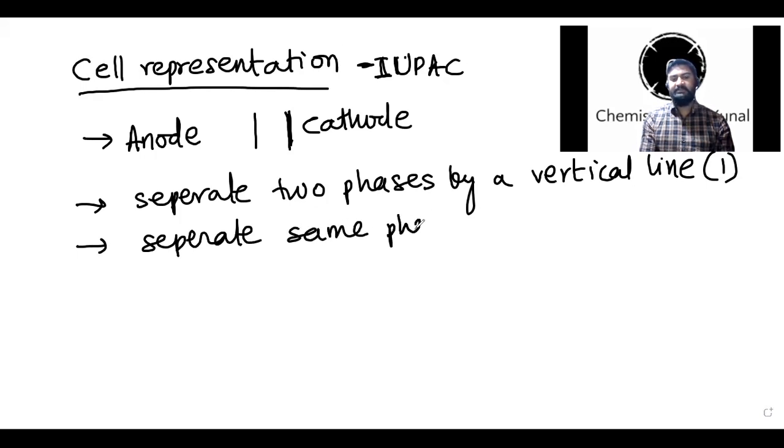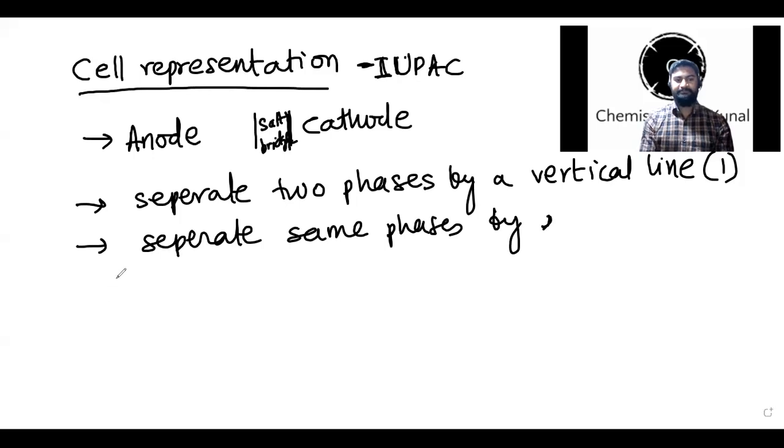We'll use a comma to separate the same phases. And in the middle we'll write the salt bridge. Whatever salt bridge we use, we'll write it here. I'll talk about the salt bridge also in upcoming lectures. This is how we can represent a cell.